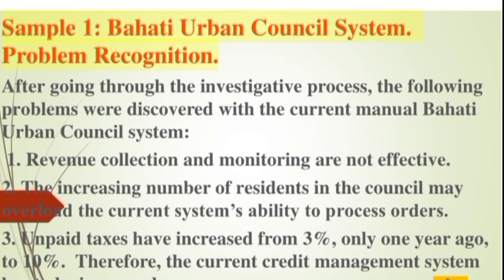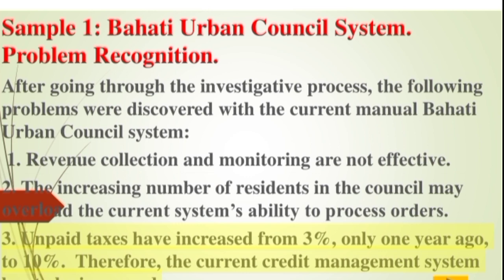Sample 1. Bahati Urban Council System. Problem recognition. After going through the investigative process, the following problems were discovered with the current manual Bahati Urban Council System. 1. Revenue collection and monitoring are not effective. 2. The increasing number of residents in the council may overload the current system's ability to process orders. 3.